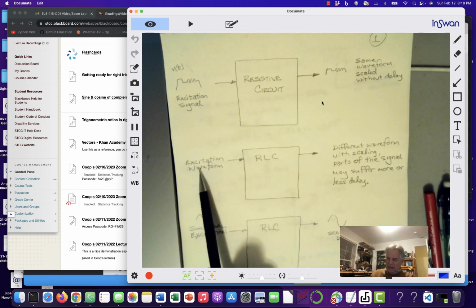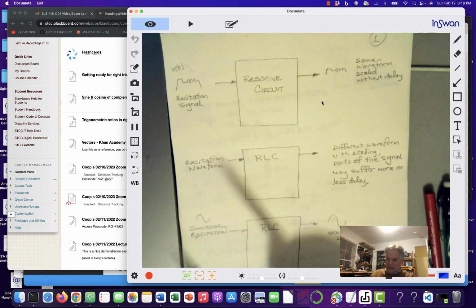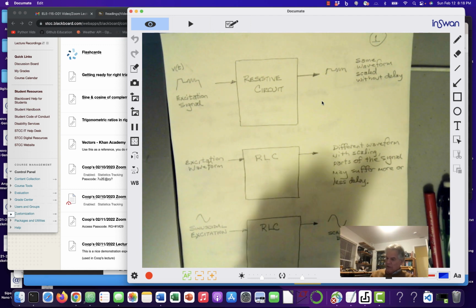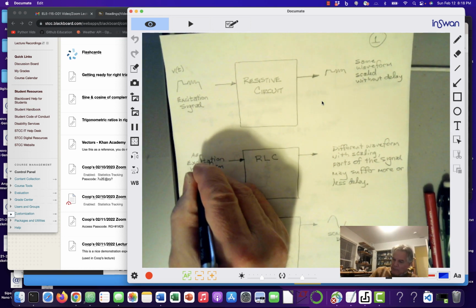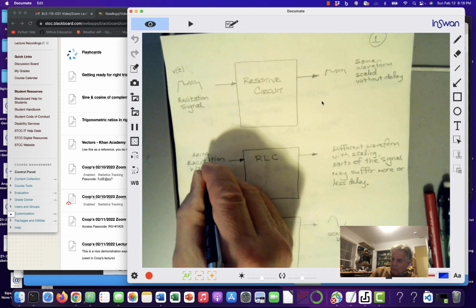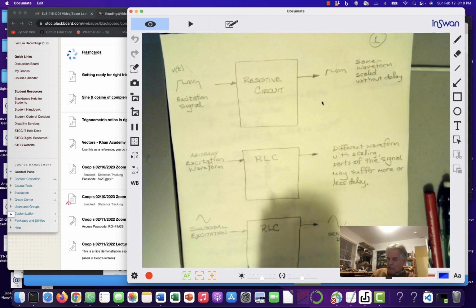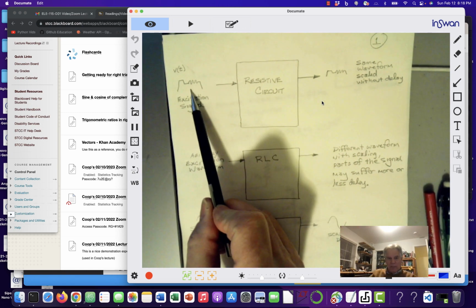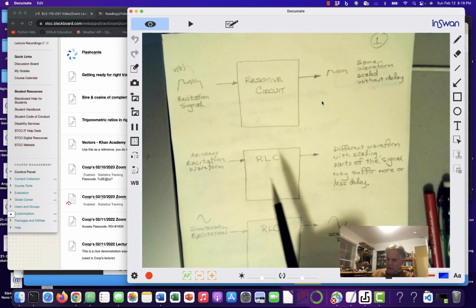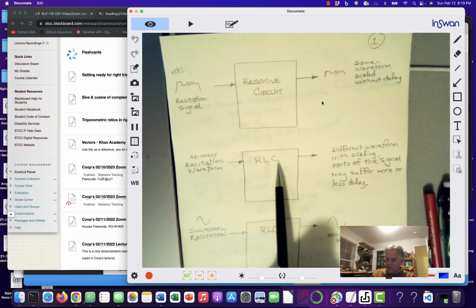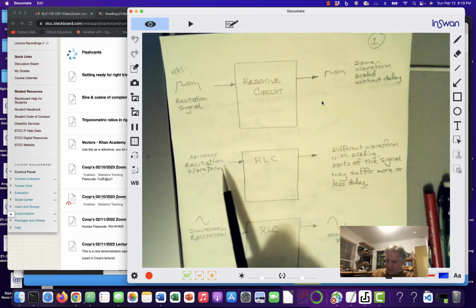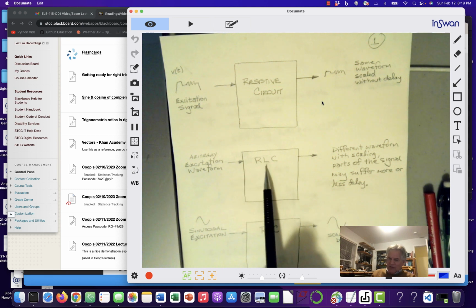Now, if I take some arbitrary excitation waveform, it could be something like this waveform. If I put that waveform into a circuit that has resistors, inductors, and capacitors, which the real world does, the resistors don't create any delay.